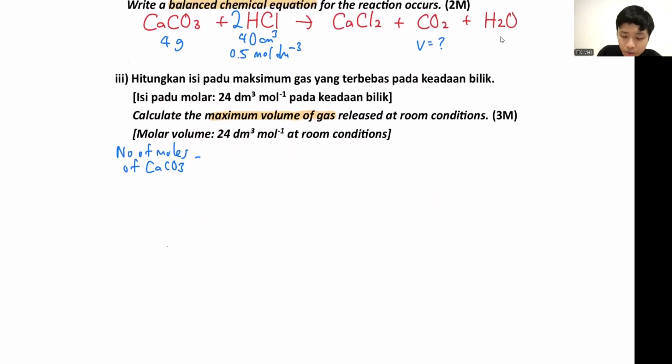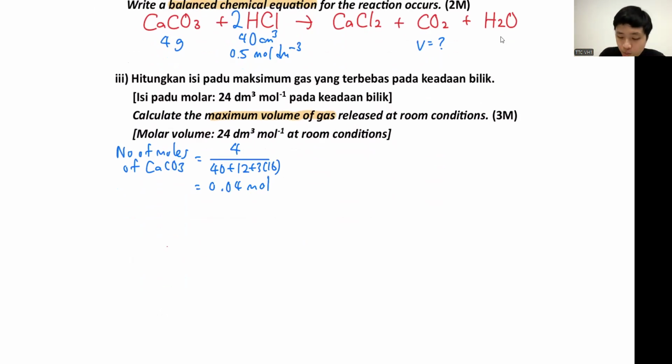So I count for the calcium carbonate first to prove my point. So 4 over... you might ask, I thought the periodic table also gives the atomic mass. Yes, you can go and try. Ca is 40, carbon is 12, O is 16. So you get around 0.04 mole.